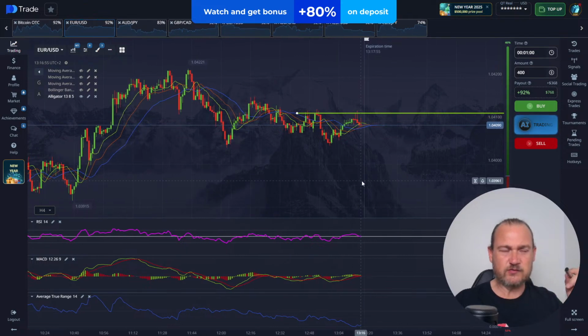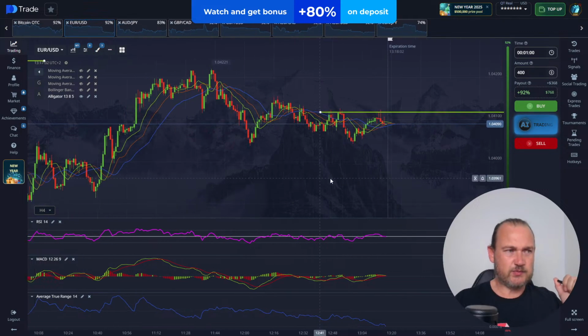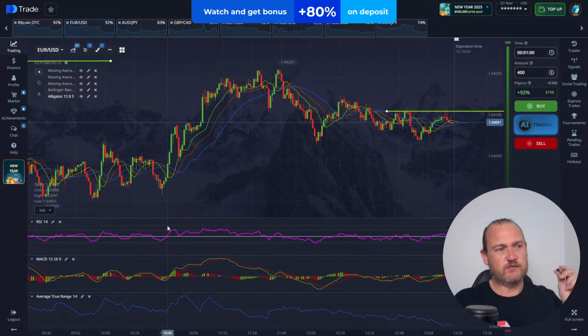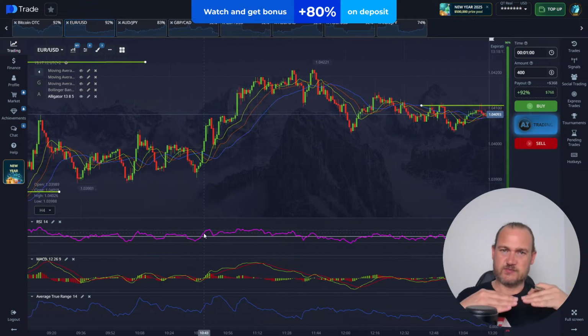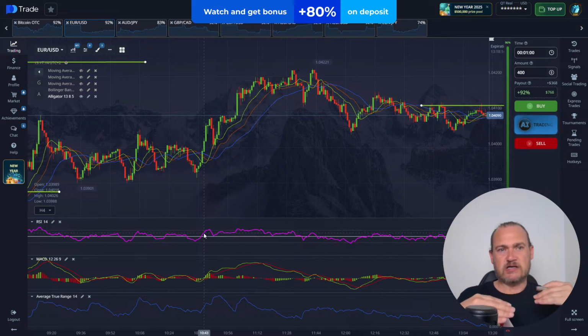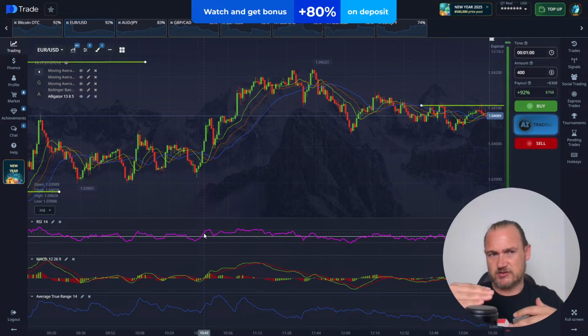For the second strat, we're going to use the RSI. So basically what we're going to look for is areas where the RSI is either bullish or bearish. If the RSI is moving above the 50 line, price is considered bullish, and if it's moving below the 50 line, price is considered bearish.